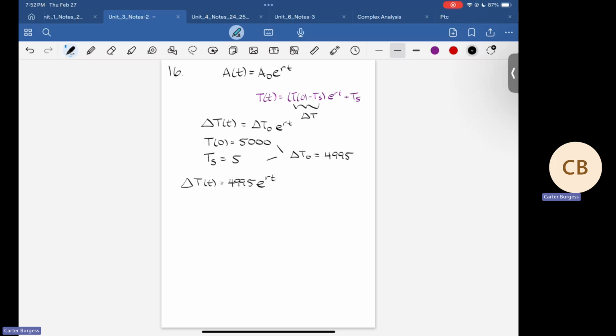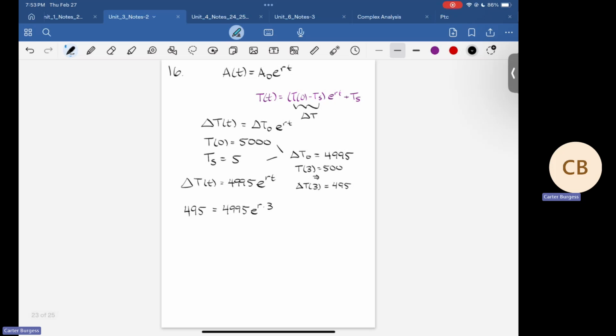The thing to note here is that T of 3 being 500 implies that the difference in temperature at 3 hours is 495. So 495 is equal to 4995 times e to the r times 3, because it takes 3 hours for that to happen.